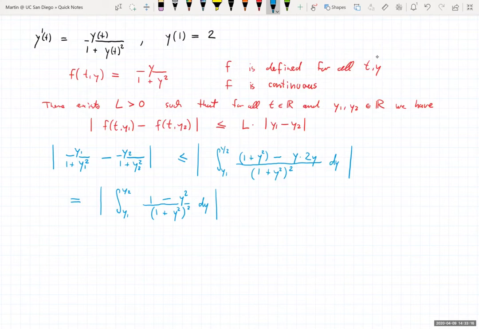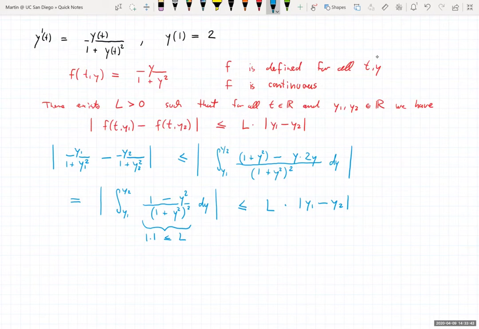So there actually exists a constant such that the absolute value of the integrand is bounded from above by that constant, which we call L. I'll come back to that in a few moments. And then we get the entire thing is bounded from above by L times the absolute value of y1 minus y2.